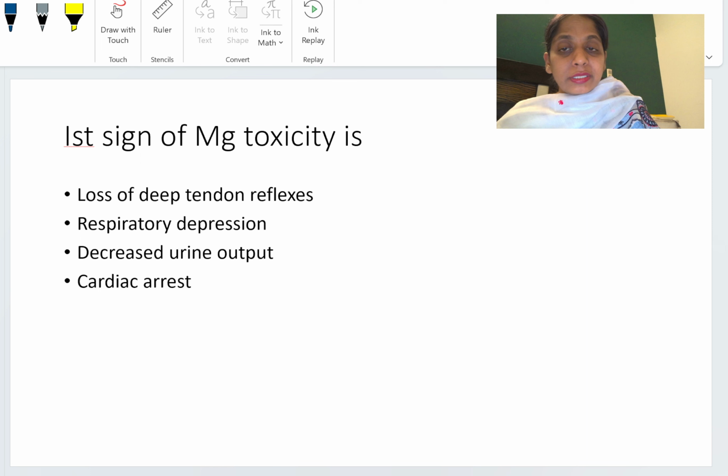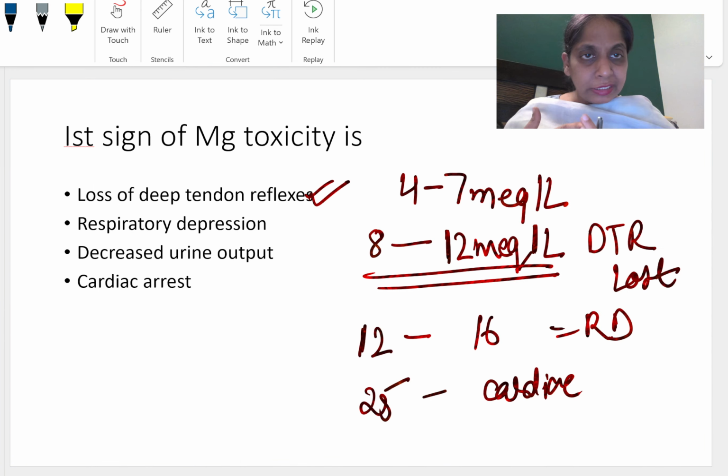Okay, so that is why we always keep on monitoring whenever we give the maintenance dose. After giving the loading dose, whenever we give the maintenance dose, first we check deep tendon reflexes and respiratory rate, and the third thing which we check is urine output.